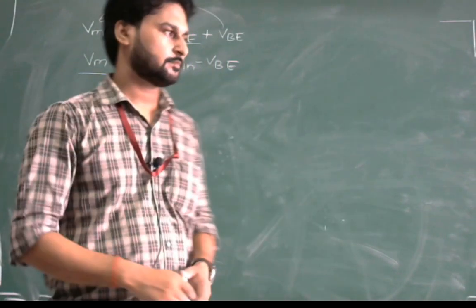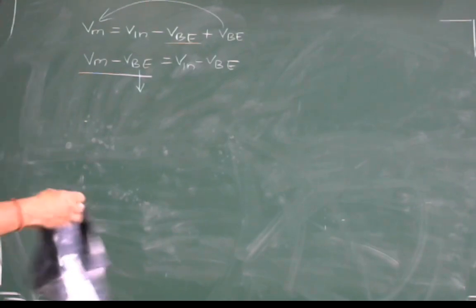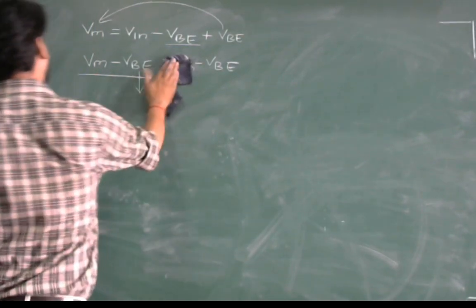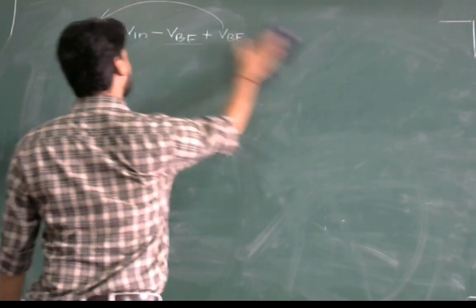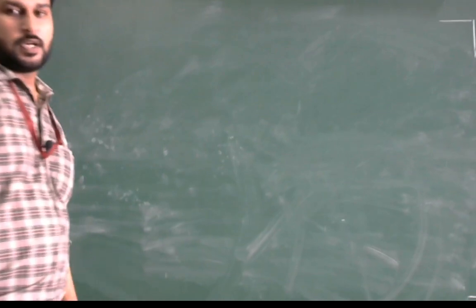So one thing is clear, I have to use another device to supply the same voltage drop at the terminals of the voltmeter as the VBE.